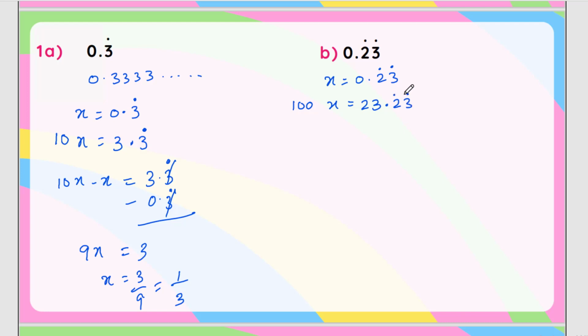You have to multiply with 100. Otherwise what will happen? If you multiply with 10, you will get something like 2.32 dot. But if you subtract, it won't get cancelled, right? So 10x minus x, if you do that, you will get 2.3 dot. It should be aligned. That's why we multiply according to how many recurring digits there are.